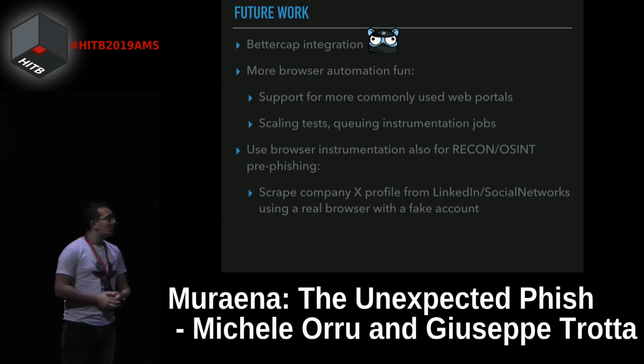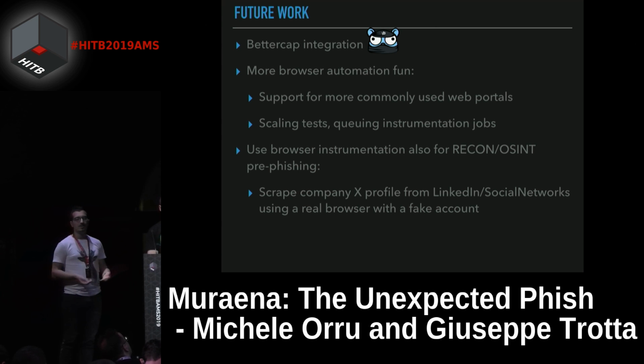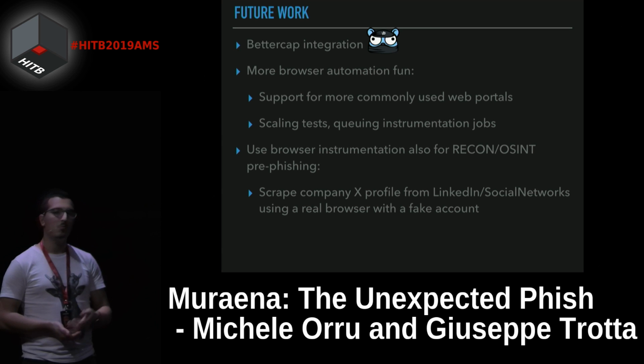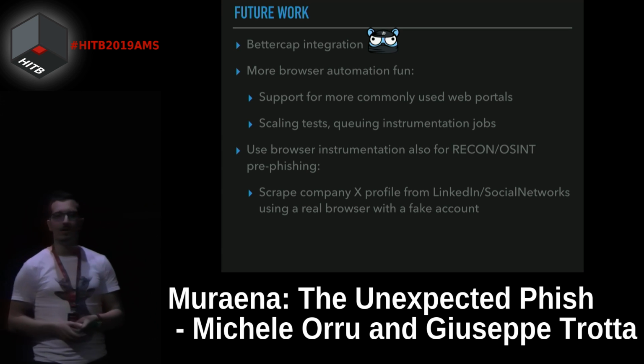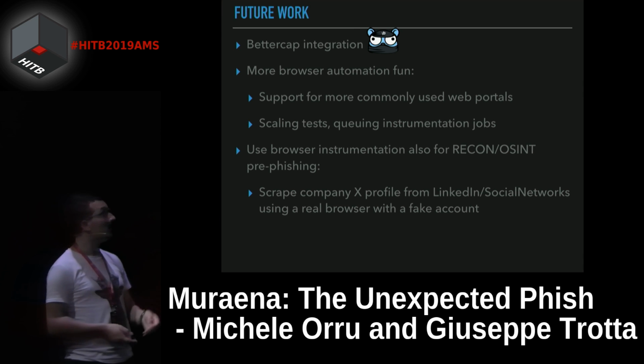For the browser automation, we support some other web portals, but it's not our main goal to support all of them. Whenever we release the code, we won't create configurations just to pawn this and that website. It's just the tool.